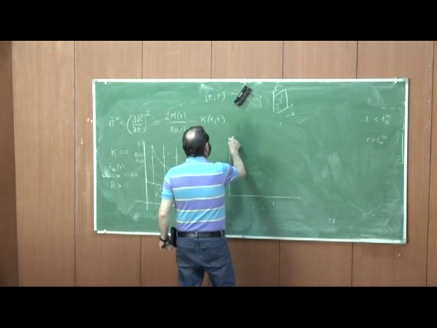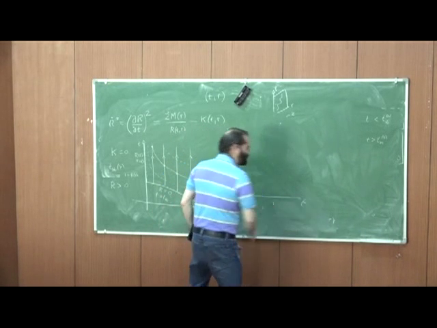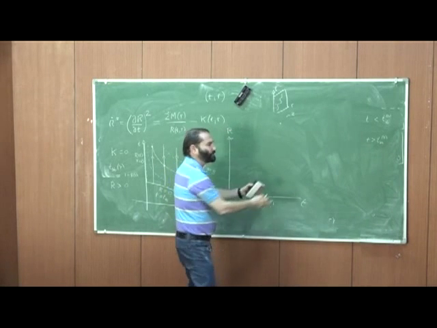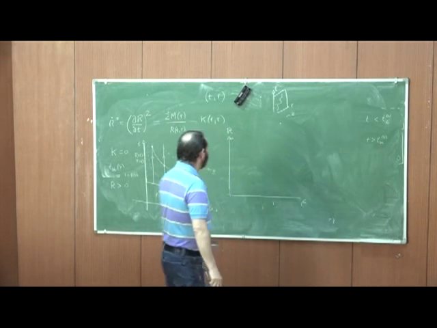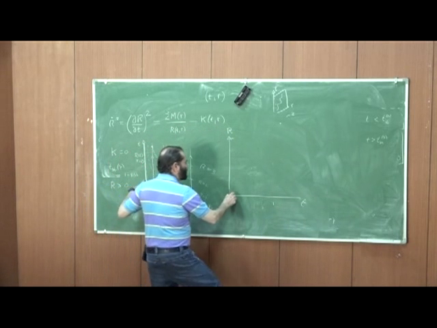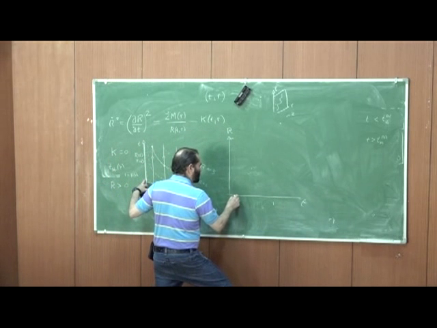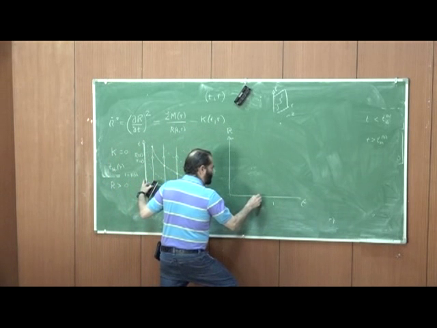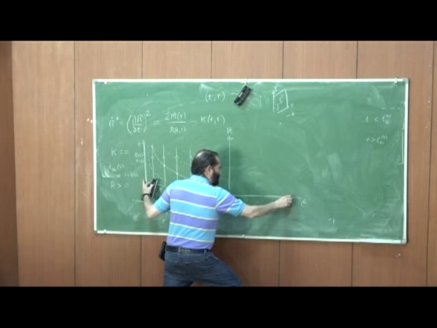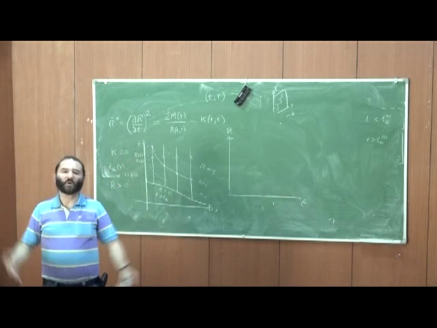We are going to plot r as a function of t for different values of constant r. Here we have r equals 0. R equals 0 remains 0. This is the central value, the center. I'm at the center of the explosion.